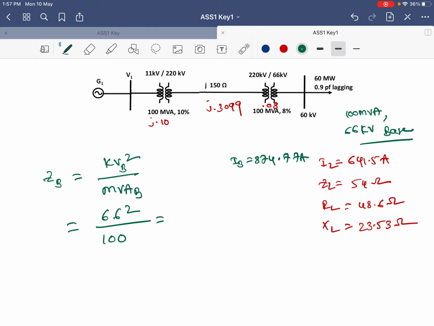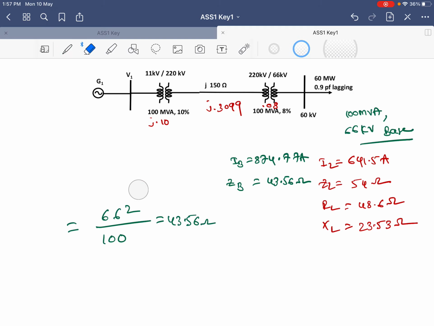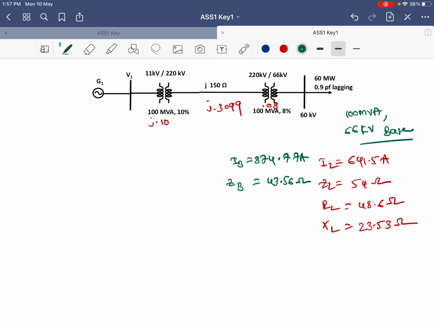Therefore your base impedance will be 43.56 ohm. I will write here ZB is equal to 43.56 ohm, the base impedance. Now, the next step is to find out the per unit values of different quantities.